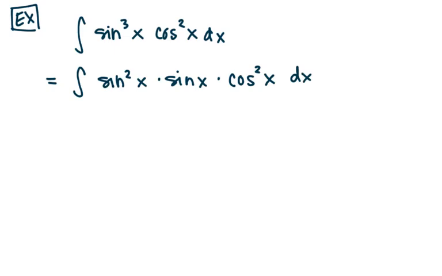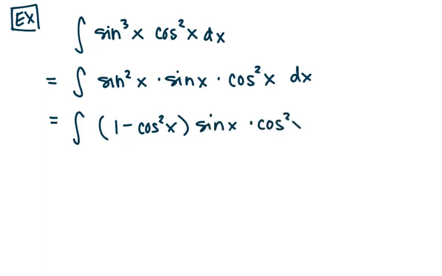So looking at this, we want that sine squared in here, and I have just one sine left over. If this had been to the fifth, we would have sine squared times that singular odd sine. So now I can do a substitution. Sine squared is 1 minus cosine squared x, times sine x times cosine squared x dx. And what we said is this sine x is going to come over here and be part of this dx.